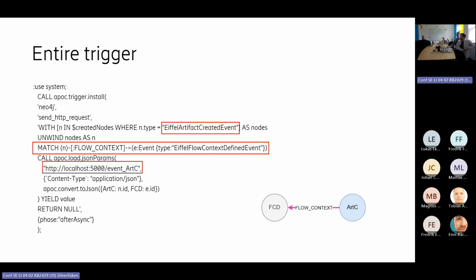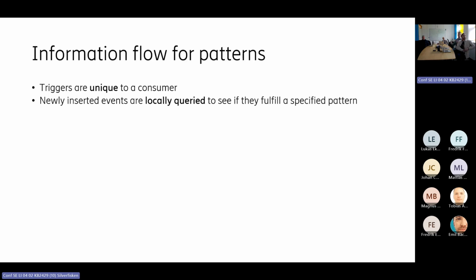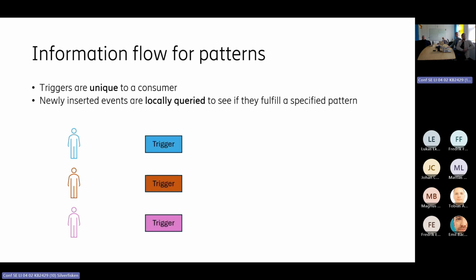So for the information flow itself, when creating all of these triggers for consumers, we can show a little example here. If we have separate consumers, let's say 3 different ones, they want different patterns. So we create a unique trigger for each of them. Then when a new event comes in, this new event gets checked against all of these triggers.